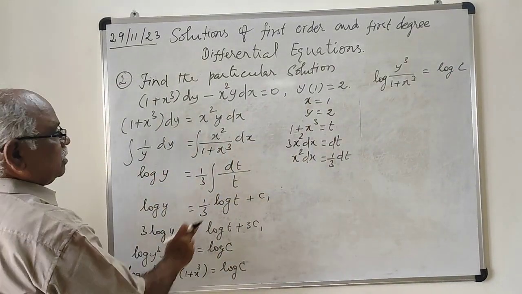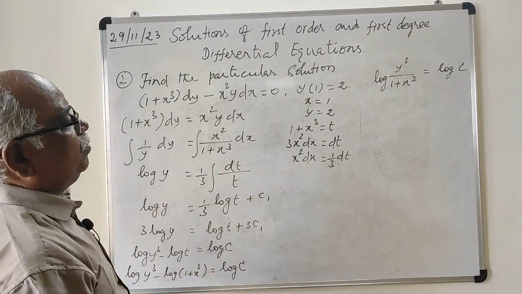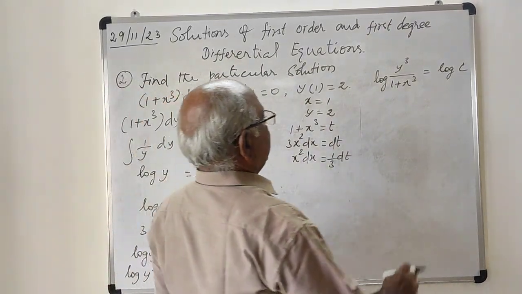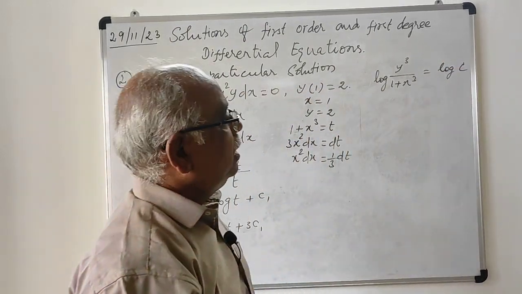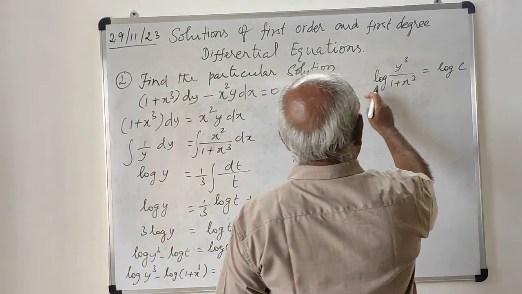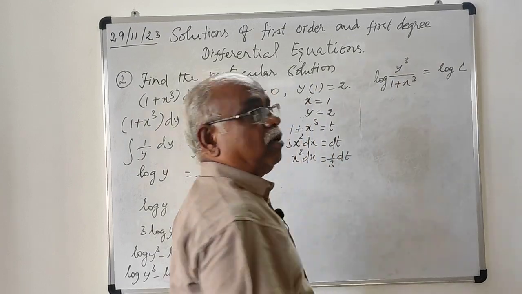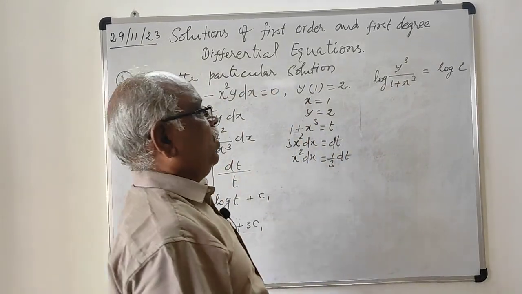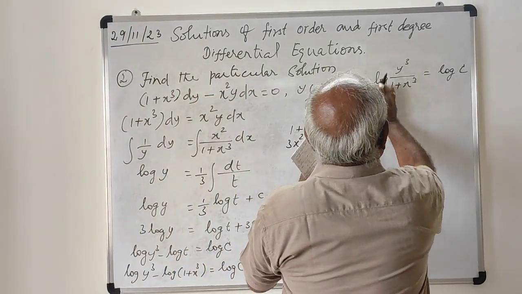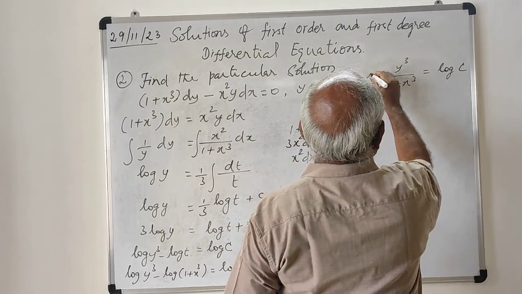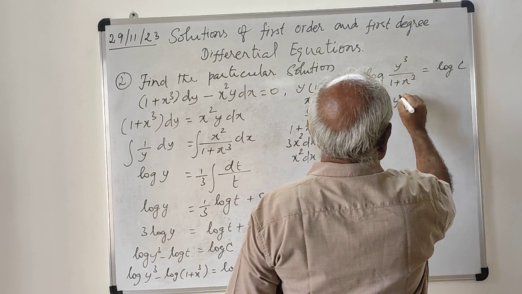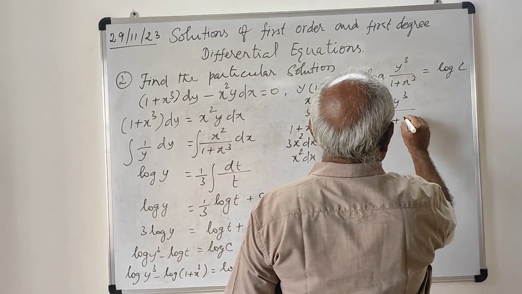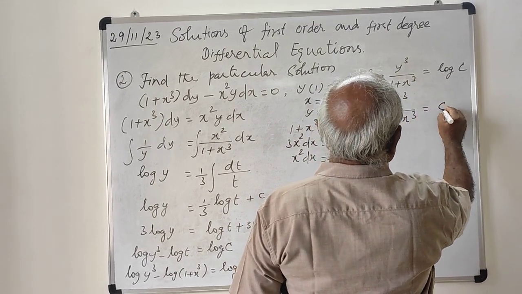Eliminating the logarithm on both sides by raising the power of exponential on both sides, e power log is 1. Therefore the logarithm is eliminated and you will get y cube by 1 plus x cube equal to c.